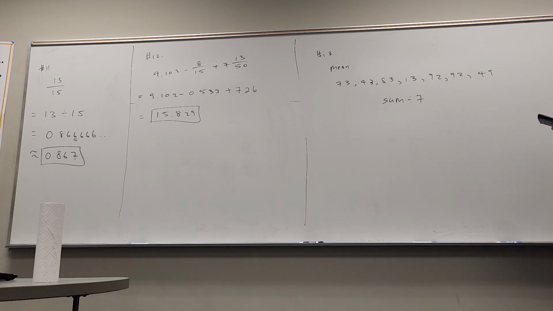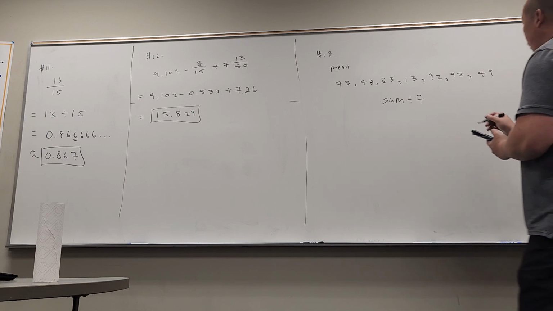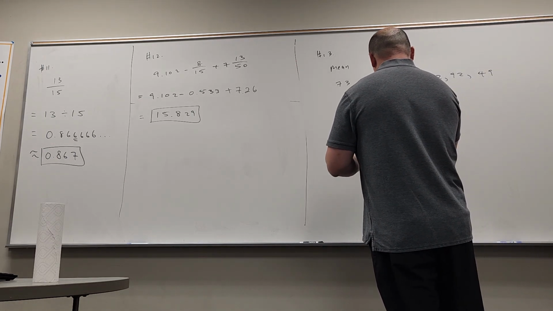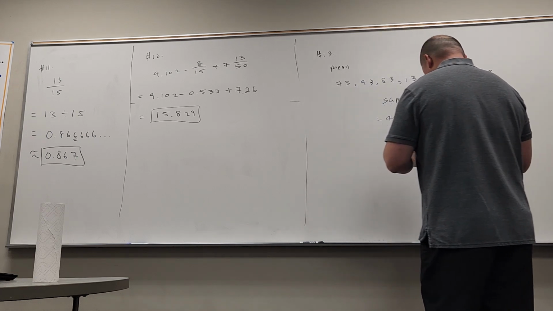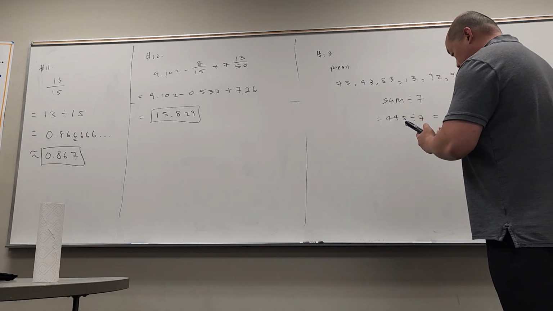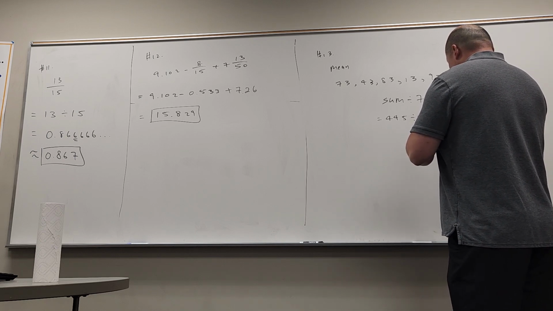So if you add them all together, what do you get? 73 plus. So that's 445 divided by 7. So divided by 7, what do I get? 63.